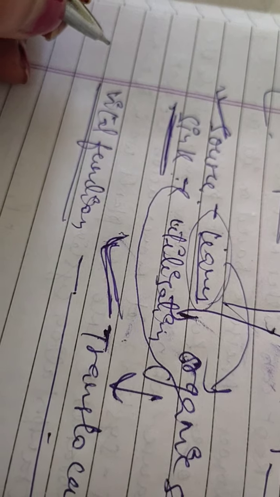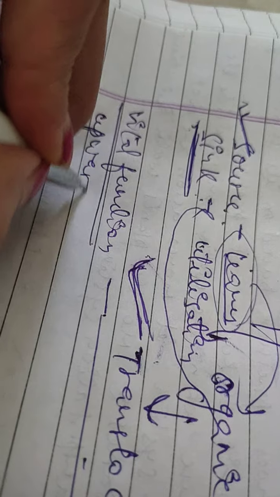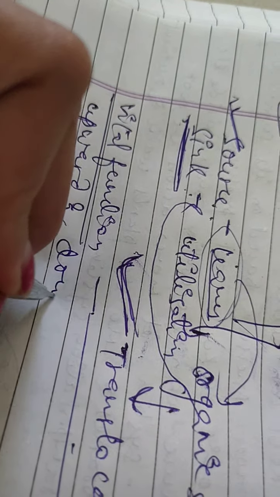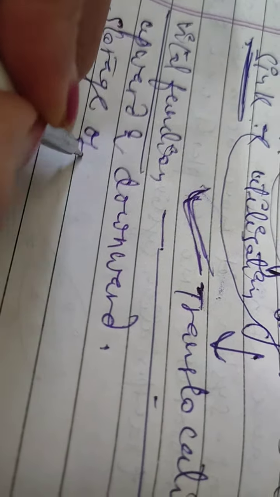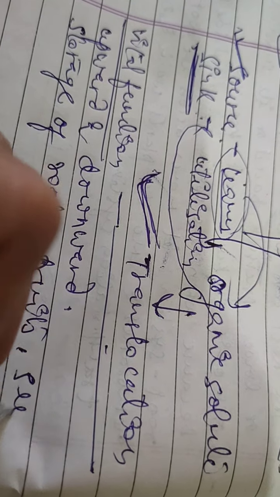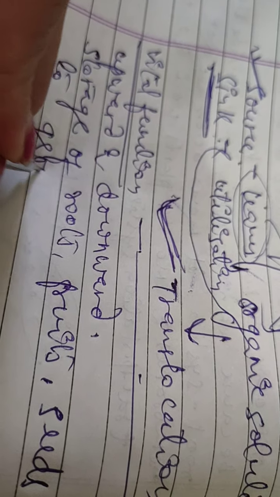The translocation occurs in the upward as well as the downward direction, or to the storage organs of roots, fruits, seeds, and to growing organs.